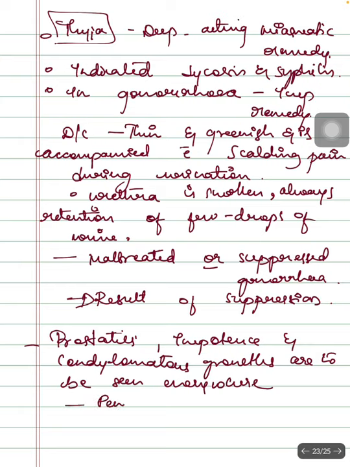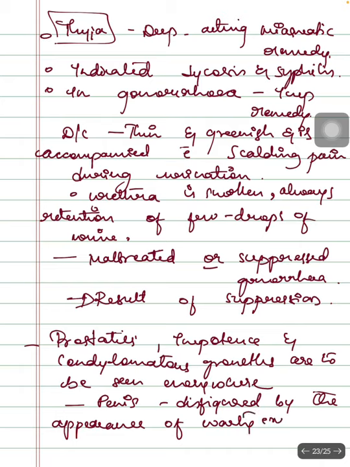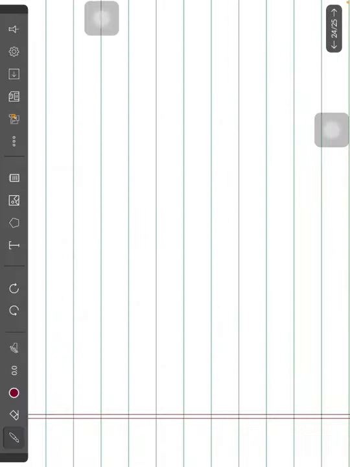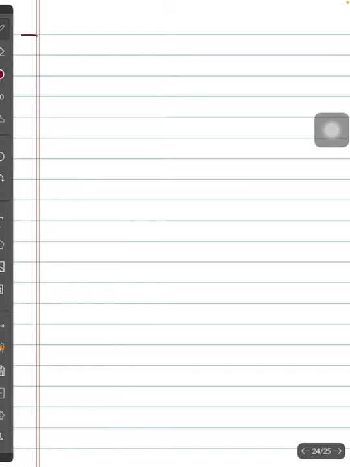The penis is disfigured by the appearance of these warty excrescences which look like figwarts. Thuja is meant for figwarts, and they are present on the inner surface of the prepuce, as well as on the point of the penis below the corona glandis.